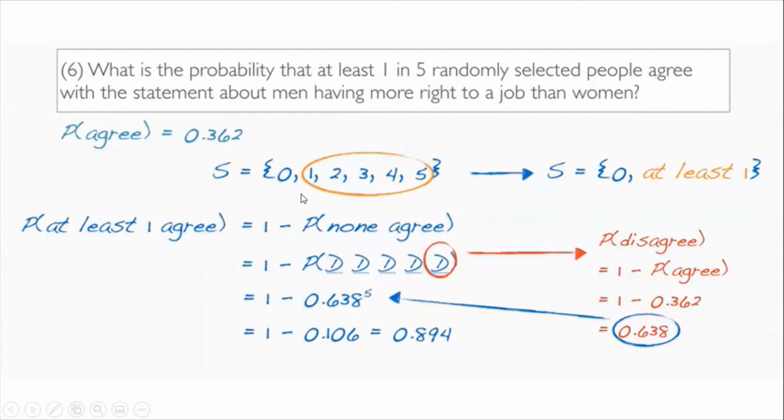Let's say that the probability of at least 1 agree is the complement of no one agree. So the probability of at least 1 agree is 1 minus the probability of none agree, which is basically the probability of disagree.